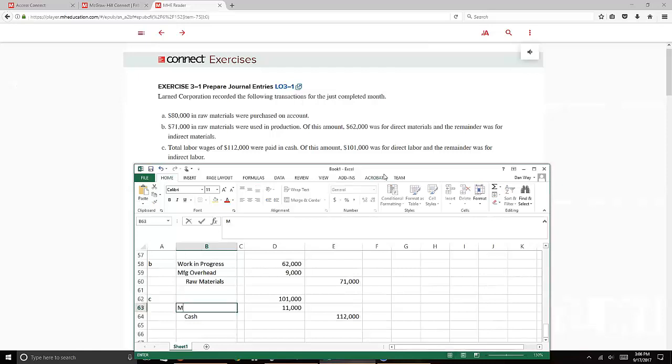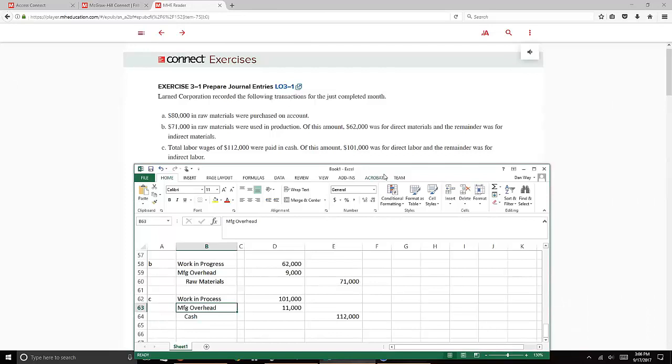So that indirect labor goes into manufacturing overhead. All of our direct costs go into work in process or work in progress, whichever term we want to use. So those direct labor wages go right to work in process on the debit side.